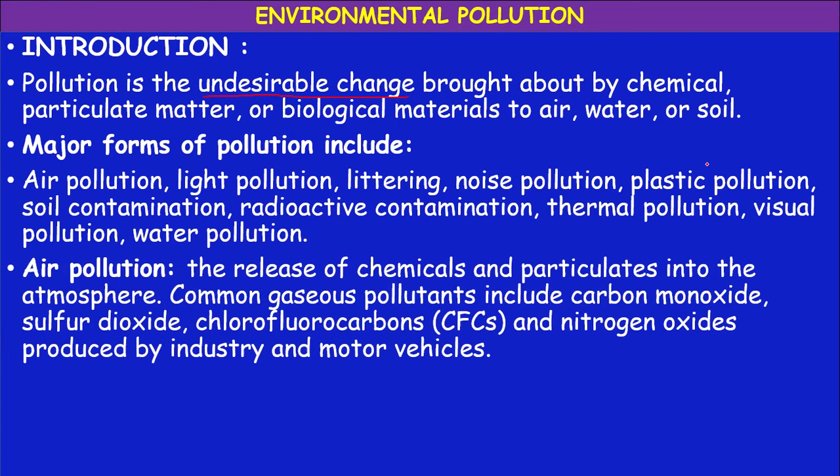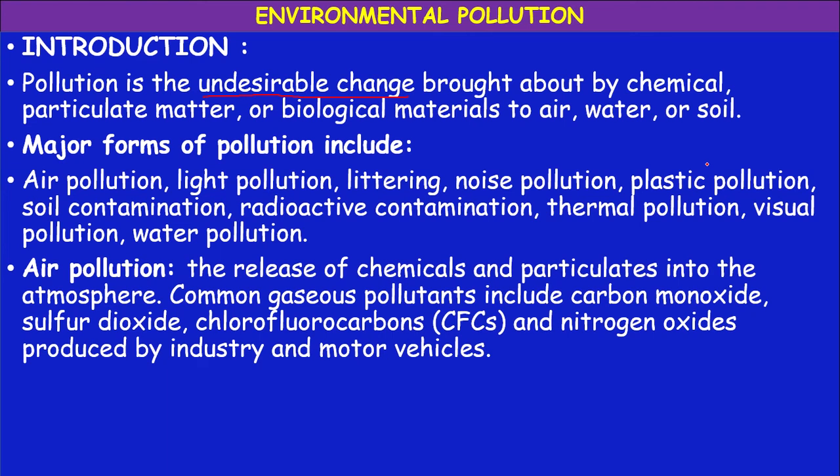First, air pollution. What is air pollution? The release of chemicals and particulates into the atmosphere or into the air. The common gaseous pollutants include carbon monoxide, sulfur dioxide, chlorofluorocarbons. Nowadays these are abundantly added to the atmosphere.